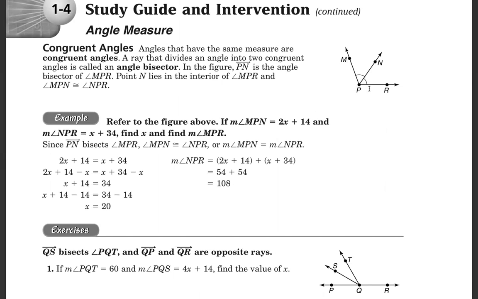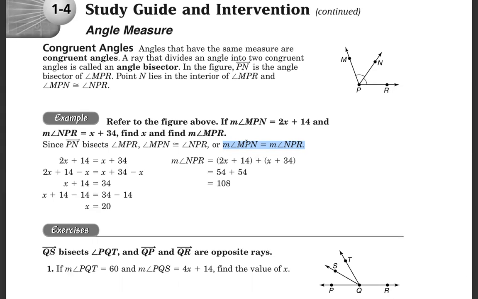So we look at the figure. We see that there is this small curve on the angles. The information that it tells us is that the angles are equal. So you put the measurement of angle MPN is equal to the measurement of angle NPR.